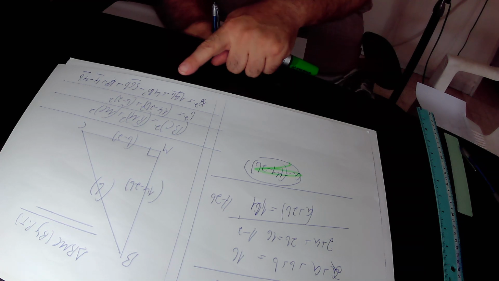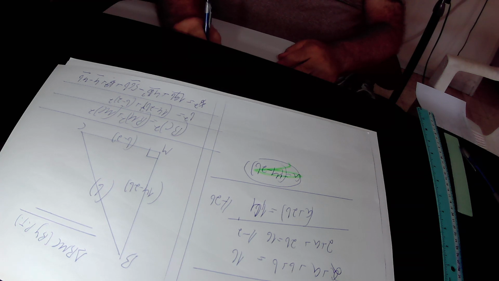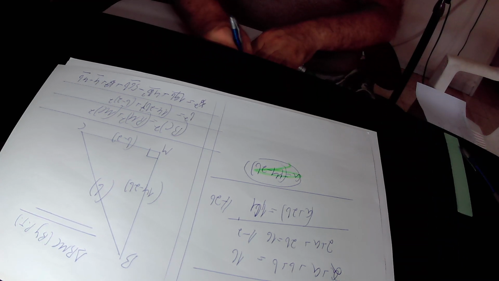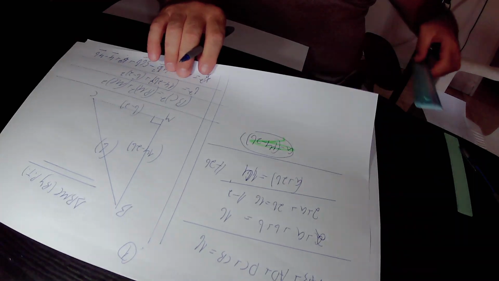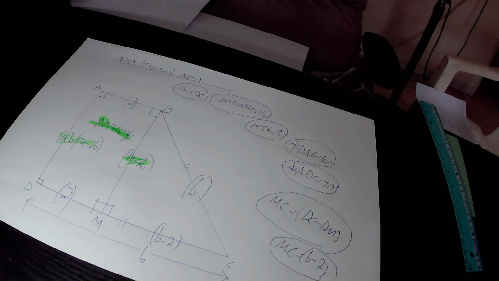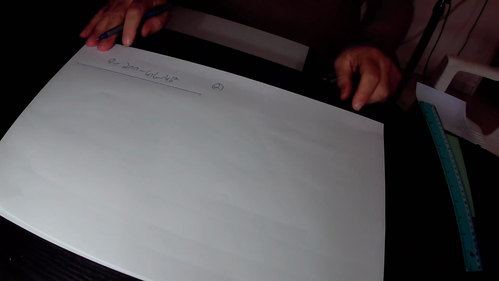And we have here plus 4B squared. So in total, we have found that zero equals 200 minus 60B plus 4B squared.